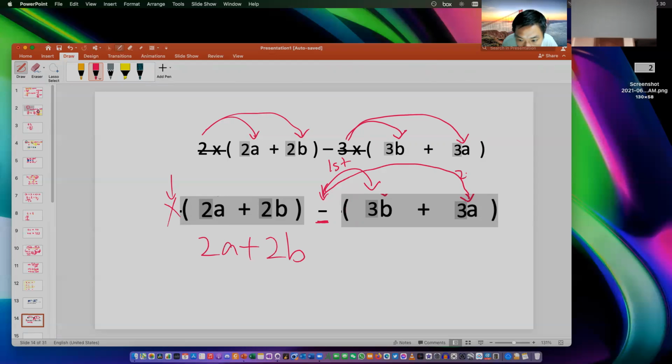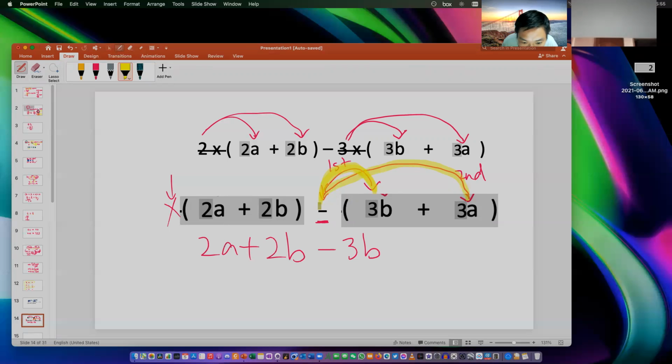So what you have here is the first part, if you read after the first arrow, is minus 3b, right? Minus sign 3b, so it's minus 3b. Then the next part, the second arrow, is minus 3a.